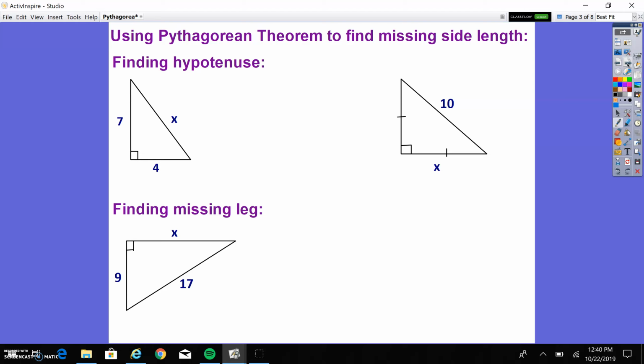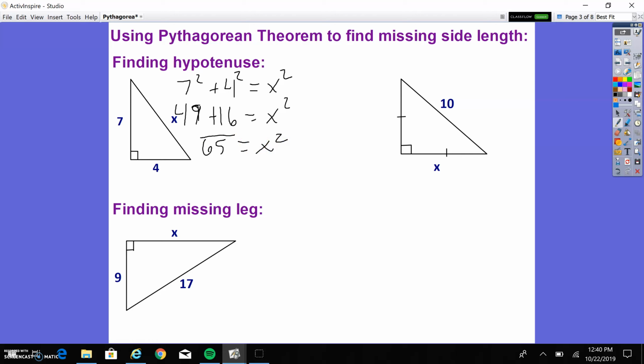For the first one, I have 7, 4, and x, where x is the hypotenuse, so that's what I'm missing. So I'm going to say 7 squared plus 4 squared is equal to x squared, because I know it's a right triangle. 7 squared is 49. 4 squared is 16, and then still x squared. 49 and 16 makes 65, so I get x squared equals 65.